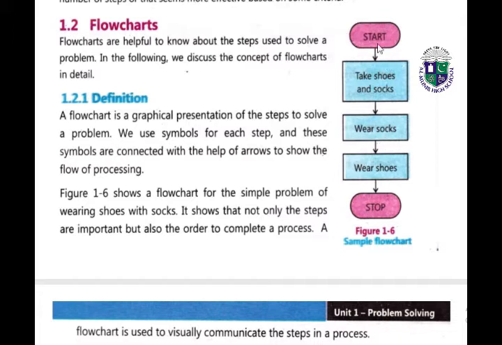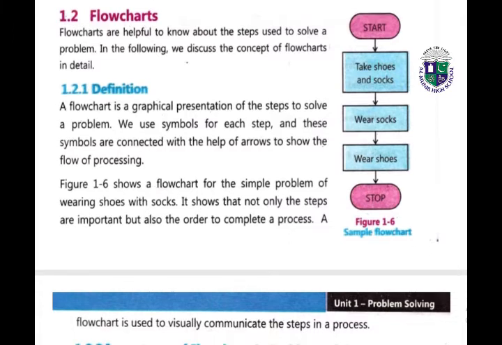With the help of all these symbols, we can make an exact flow chart. So we use different symbols, and these symbols are connected with the help of arrows. So here we have the arrows to show the flow of processing. Figure 1.6 shows a flow chart for the simple problem of wearing shoes and socks.